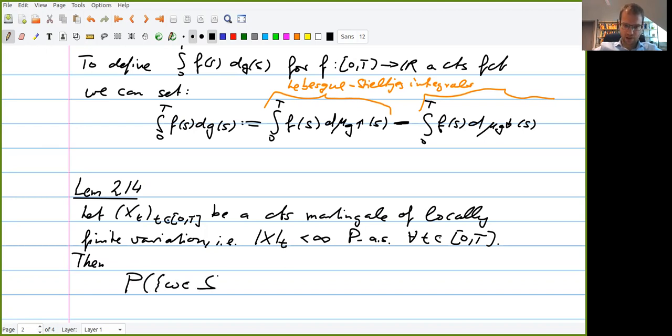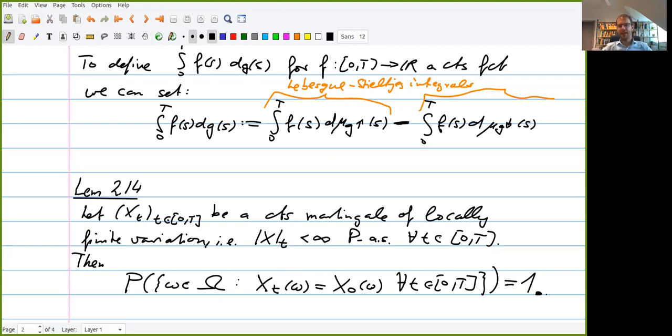So the set of all omegas such that x at time t is equal to x at time 0 for all t has probability 1.